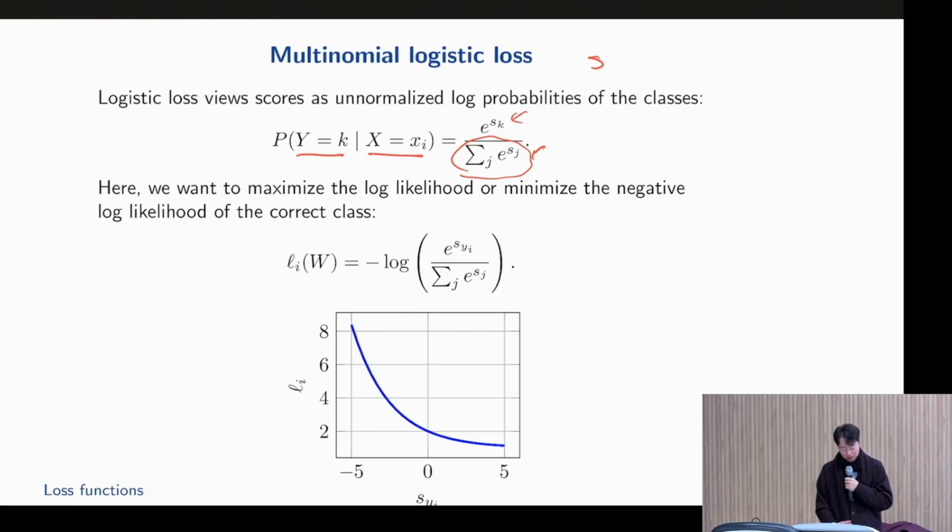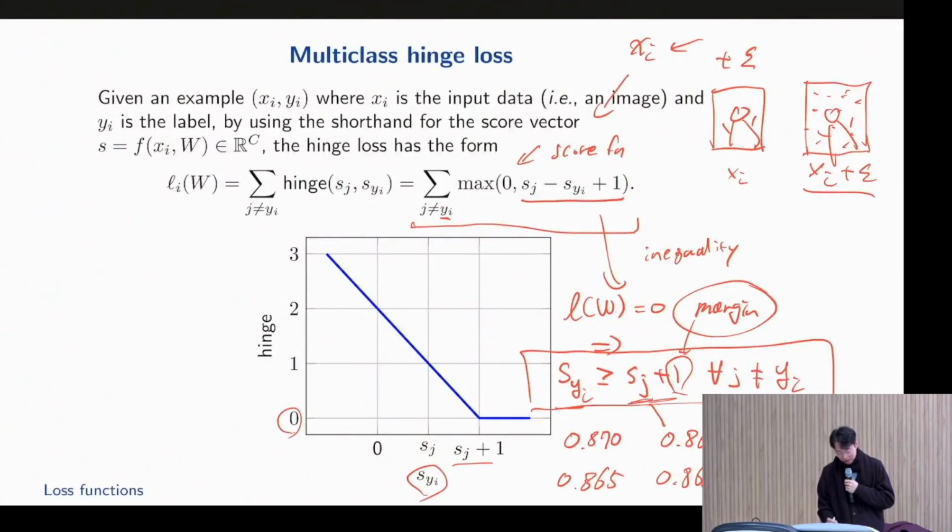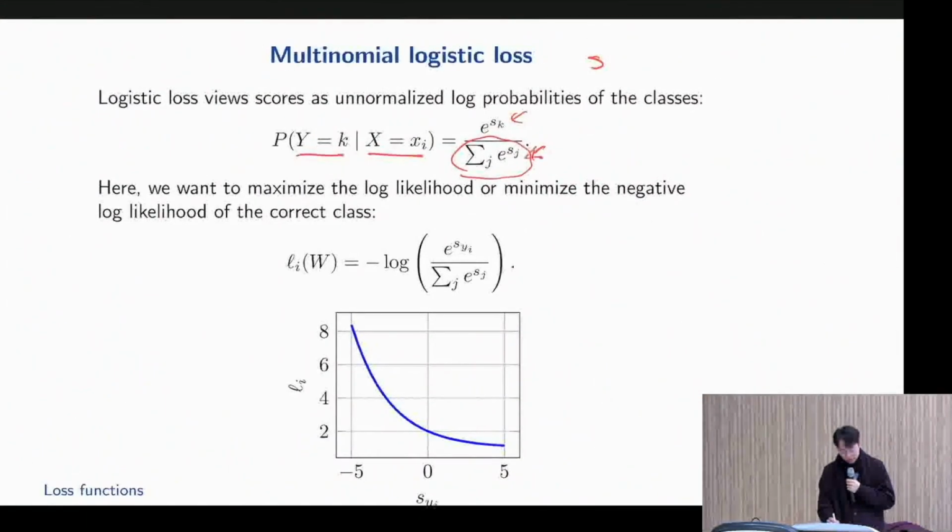And you want to maximize log likelihood or minimize negative log likelihood, meaning you want the class probability for the ground truth to be as high as possible. Here, you don't need to worry about other classes because they all come into the denominator. So if you increase the probability, it's going to automatically enforce this.